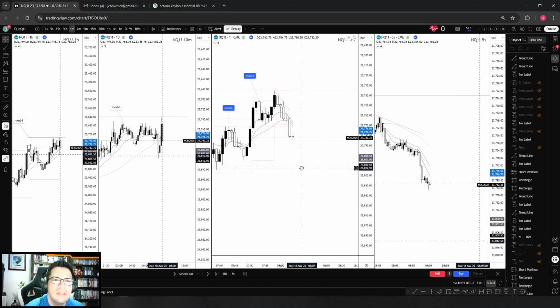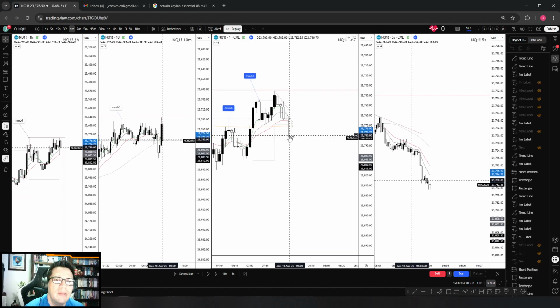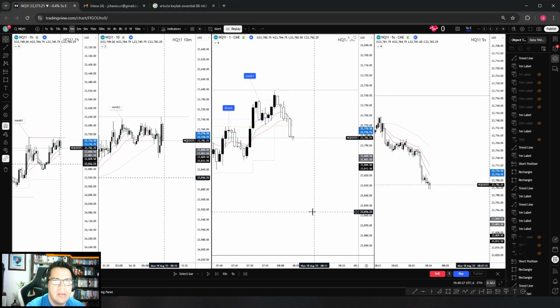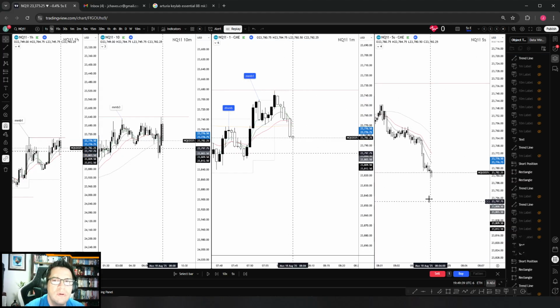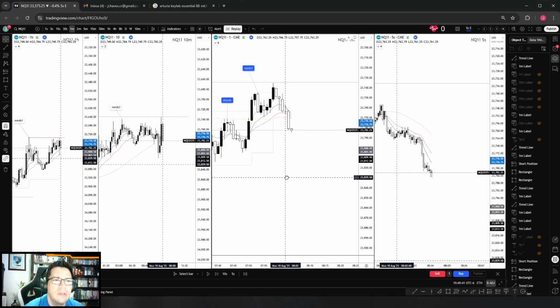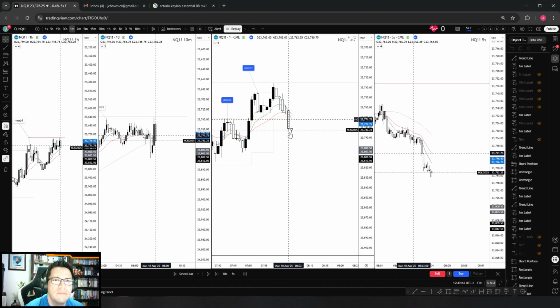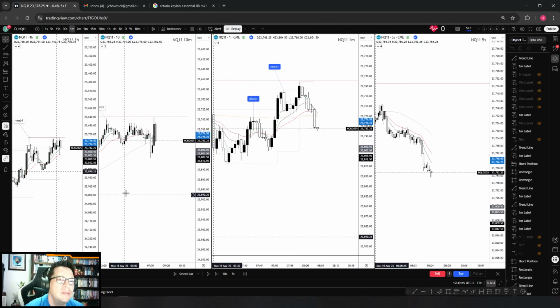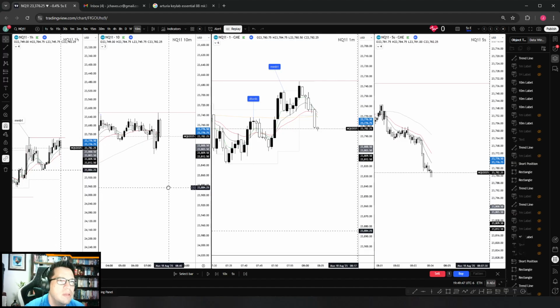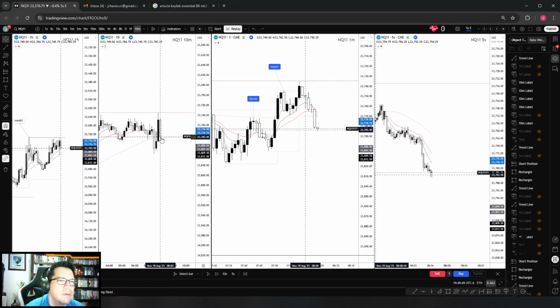And as you can see, this is a failure of that flush here, and we get price below the EMA, so nothing for us to follow at this point. So failure on the 1 minute, and now on the context time frame, we are now having price right below the EMAs.